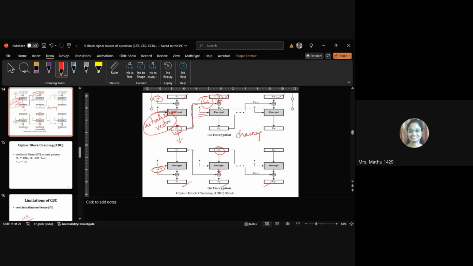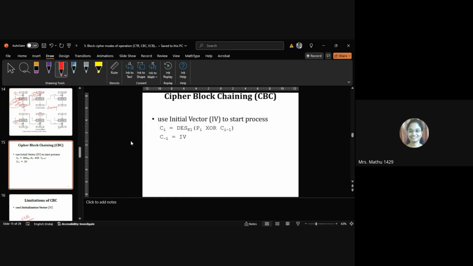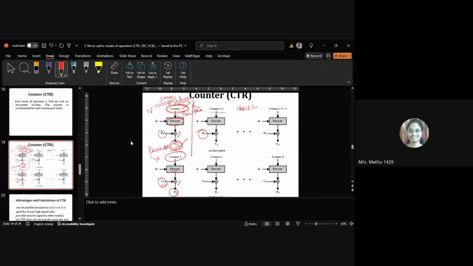Whereas here it is not so. Here you need not depend on the previous ciphertext or previous values. Once the counter value is known, you can simply increment this counter value for every block of plain text, and you can do all these encryptions in parallel.